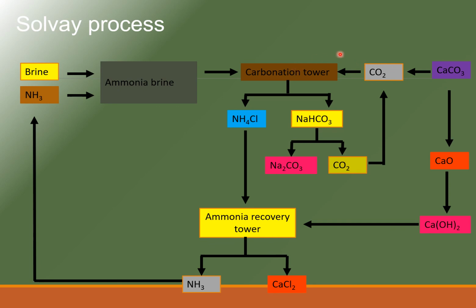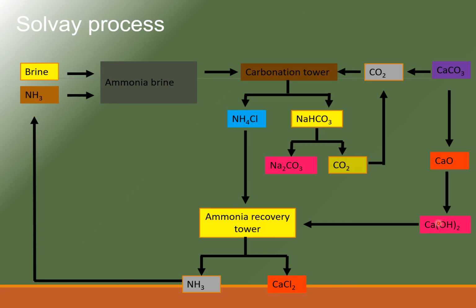When we heat calcium carbonate at high temperature, we get carbon dioxide and calcium oxide. This carbon dioxide is used in the carbonation of the ammoniacal brine. To the other compound, calcium oxide, we add an equal amount of water, then calcium hydroxide is formed.